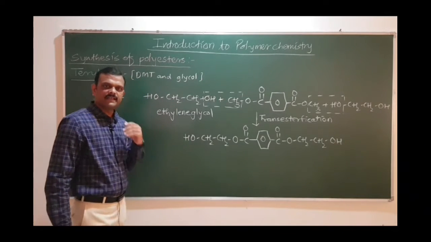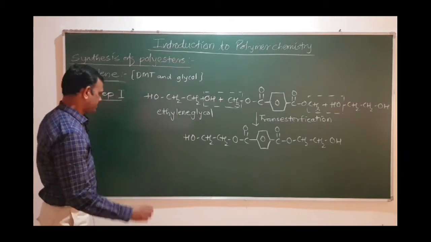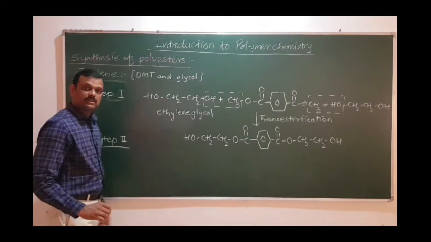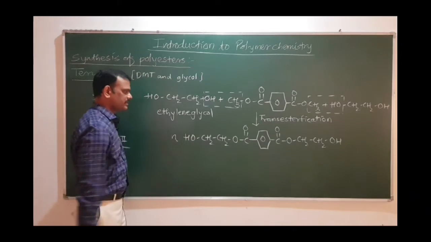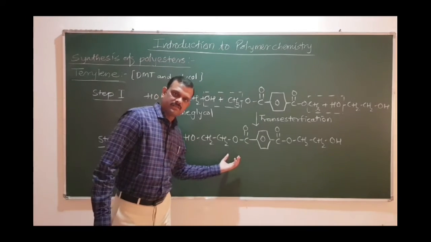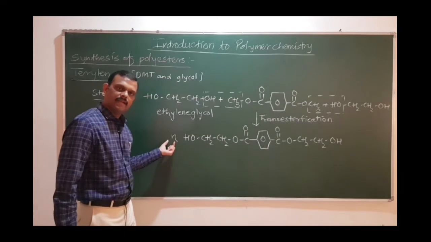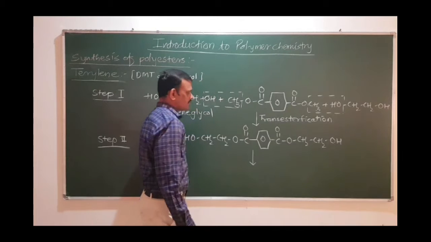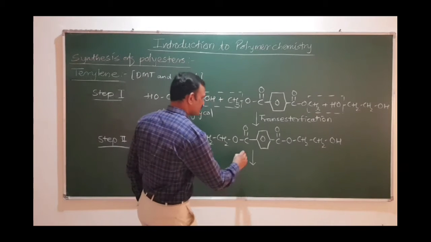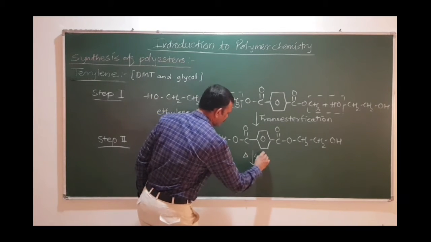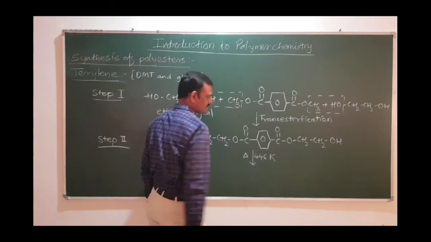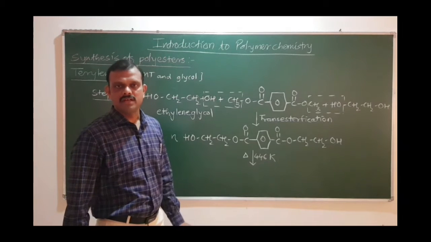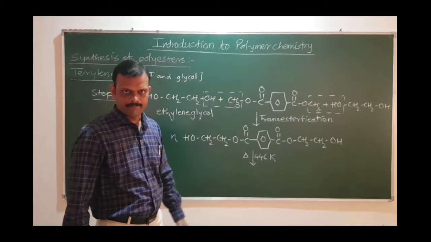Now in step second, this compound is used in a number of molecules. This trans ester is used n times and you will get the product. The product is obtained after heating at 446 kelvins. Obviously the reaction takes place in an inert atmosphere of nitrogen.